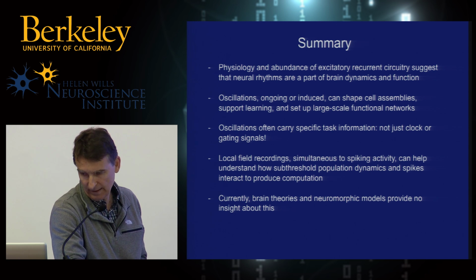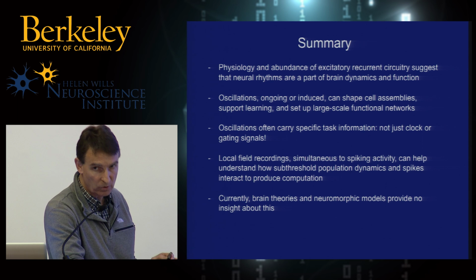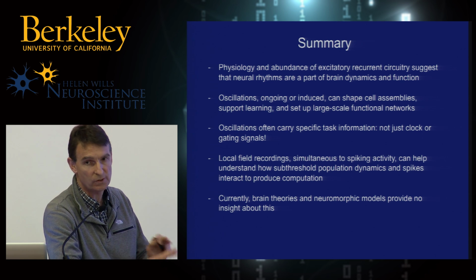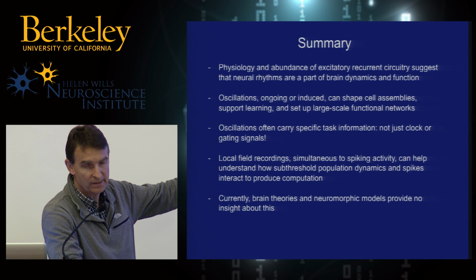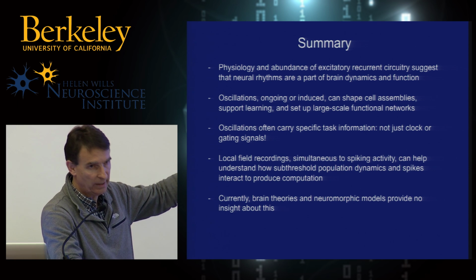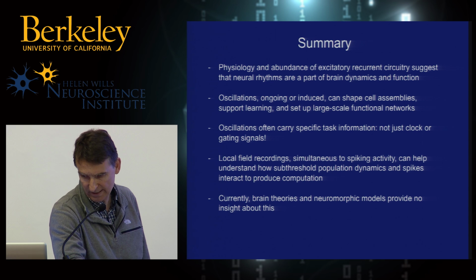And so I think right now the field of neuroscience is very spike focused. Everyone wants to sort spikes and look at spikes. One should not throw away all these signals that are in the low frequencies and that you can extract from the same electrodes that you stick in to decode spikes.